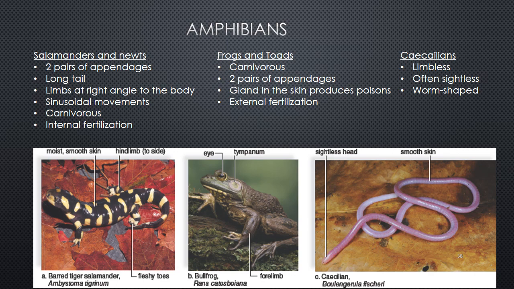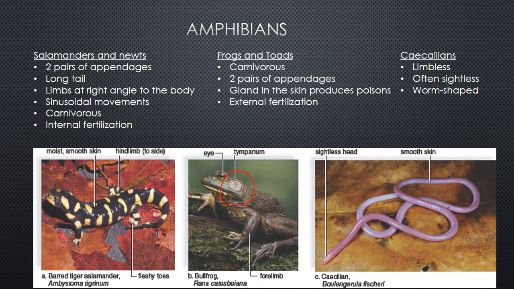And then we're going to look at frogs and toads. Again, they're carnivorous. They have 2 pairs of appendages. They have a gland in the skin that produces poisons, so that's pretty unique to them. They also have a tympanic membrane, or a tympanum, which works kind of like the tympanic membrane in your ear.